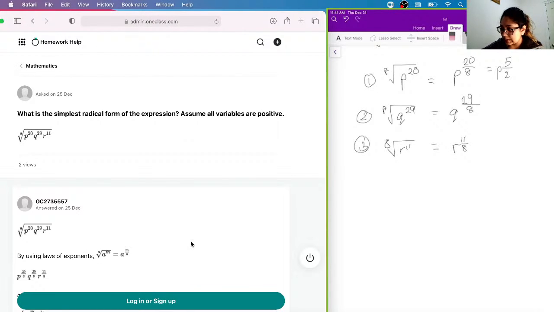And so we can say the solution here is p to the 5 over 2, q to the 29 over 8, r to the 11 over 8. So this is our answer.